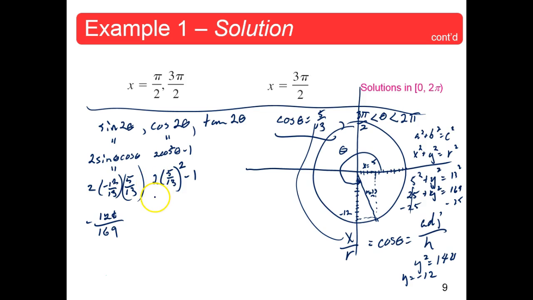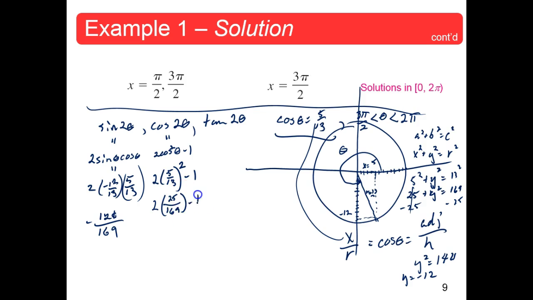Okay, so let's do the squaring first. It's 2 times, what is 5/13 squared? 25 over 169. Yeah, we've done it a couple times.